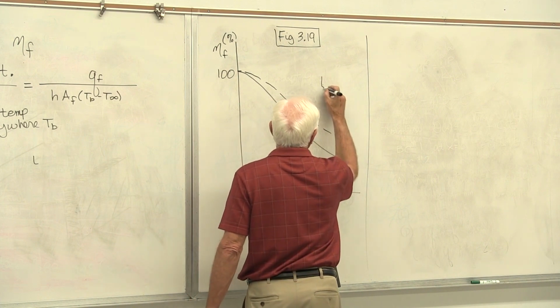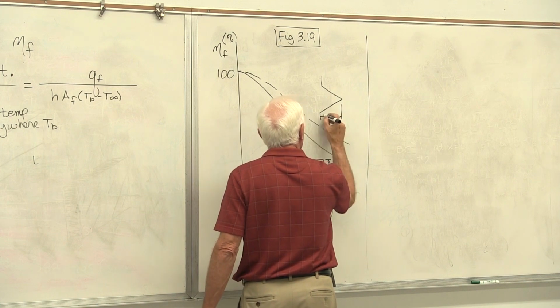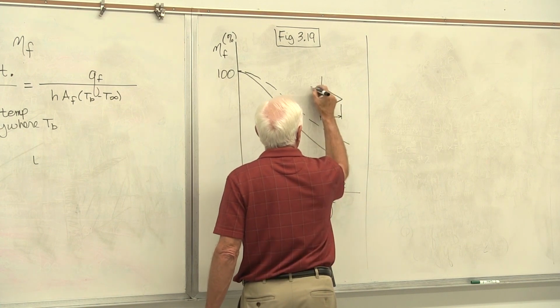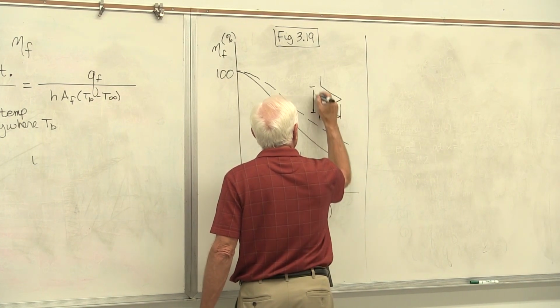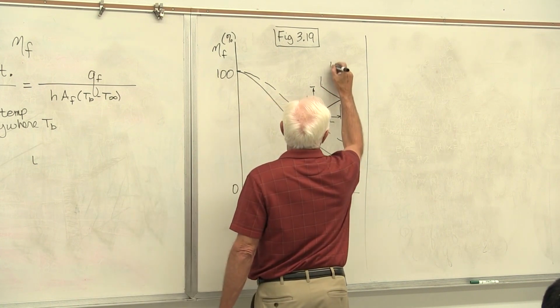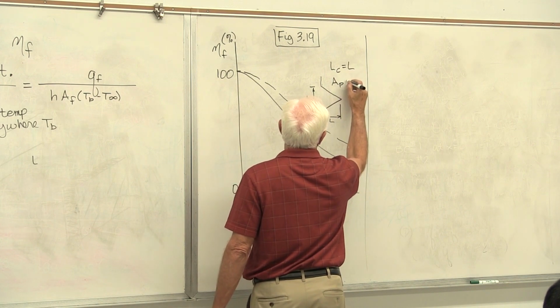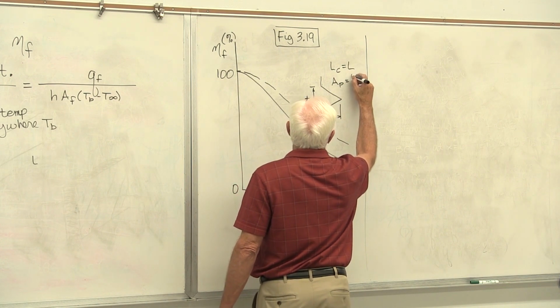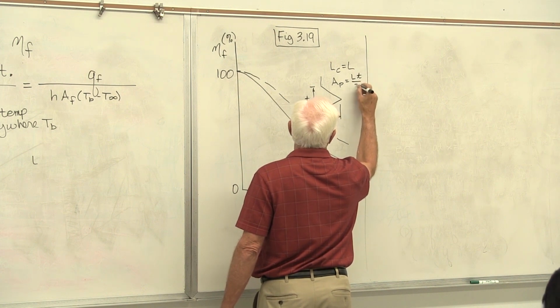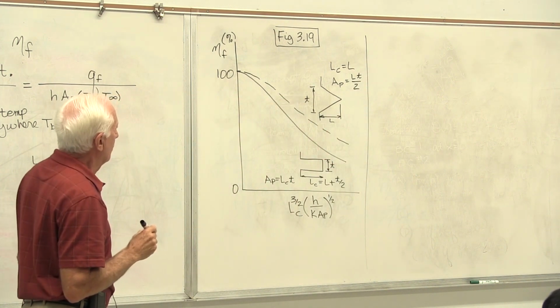This is for a triangular fin. This is L, this is t, and on the graph he tells you L sub c equals L, and A sub p equals L times t divided by 2, the area of the right triangle, pardon me, 1/2 base times height.